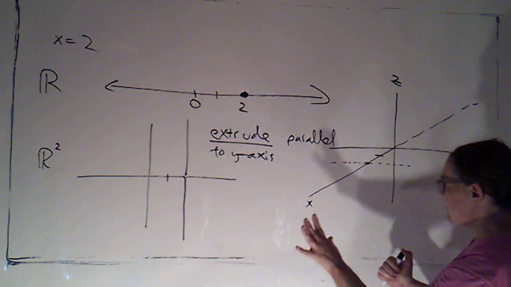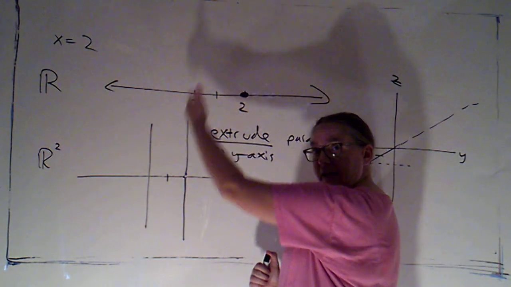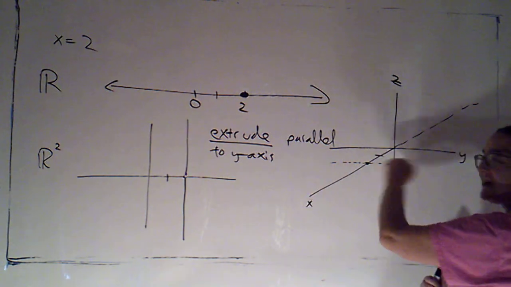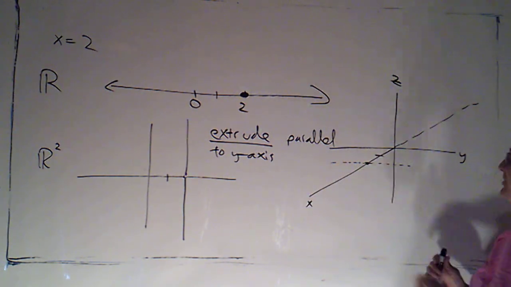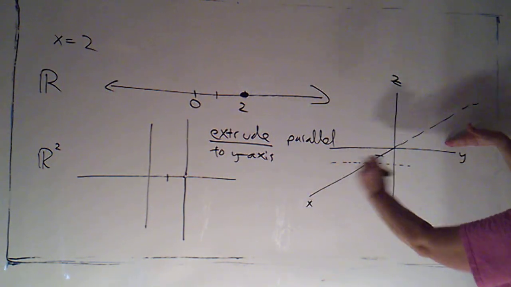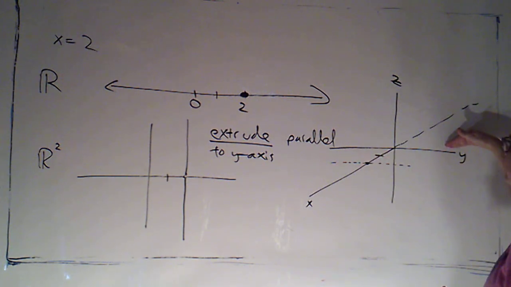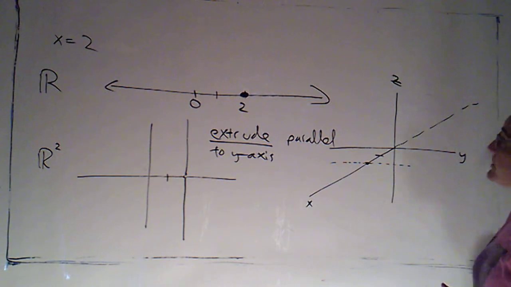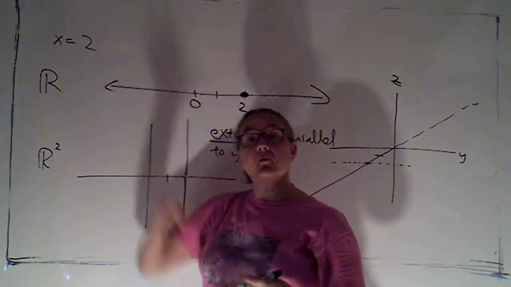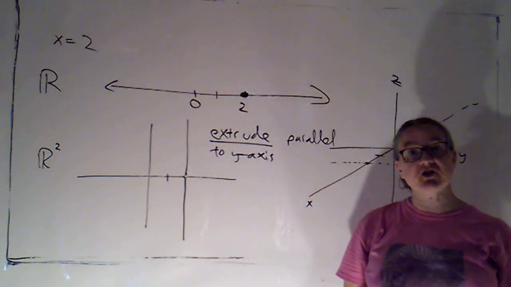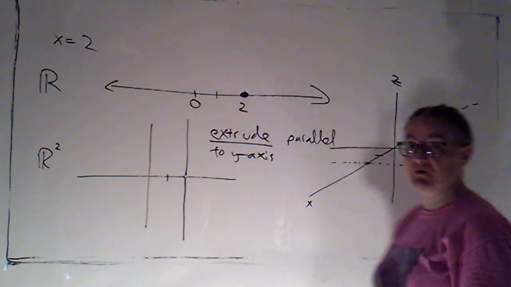Notice, it takes a little getting used to. What would be a vertical line in 2-space ends up looking like a horizontal line here, because the y-axis is in the same position that I'm used to seeing the x-axis in. Okay. Now, this equation, x equals 2, also puts no restrictions on my z values.